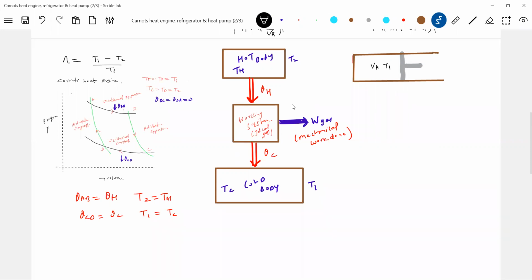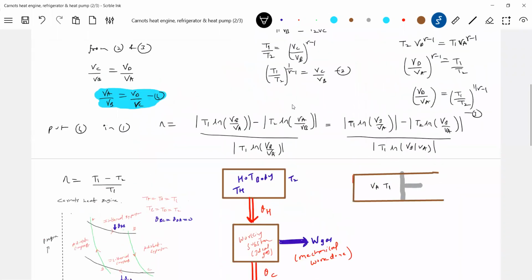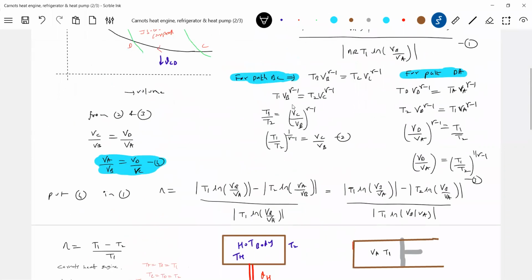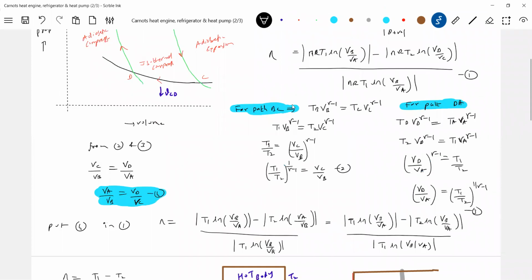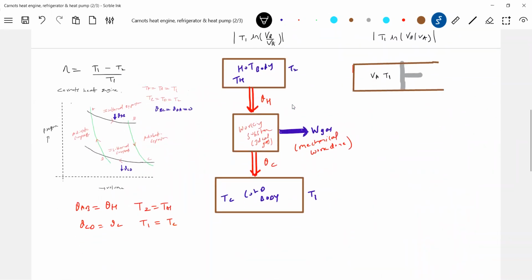Okay, these symbols. This is T1, correct? This is T1, higher temperature. Okay, now it's a temperature T1.